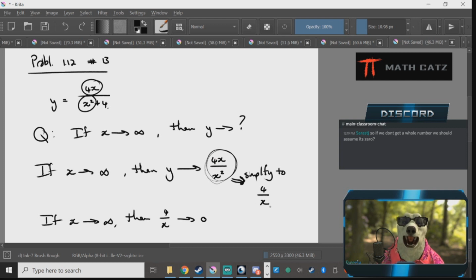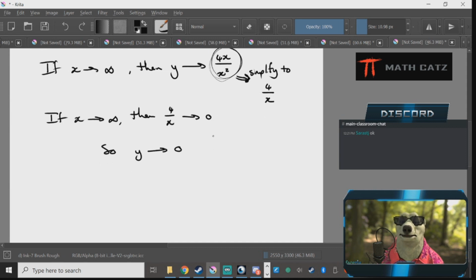Now I ask myself, how does 4 over x behave when x is huge? 4 over x shrinks down to 0, and therefore the original function is going to behave like that as well eventually. It's not 4 over x in the short term, but if x is big enough, it behaves exactly the same. And because 4 over x shrinks down to 0, the function will as well. No assumptions made at any stage.